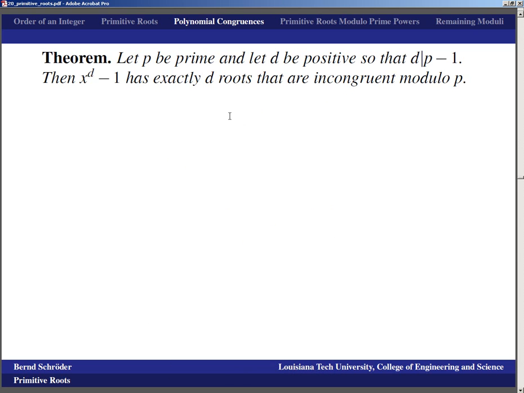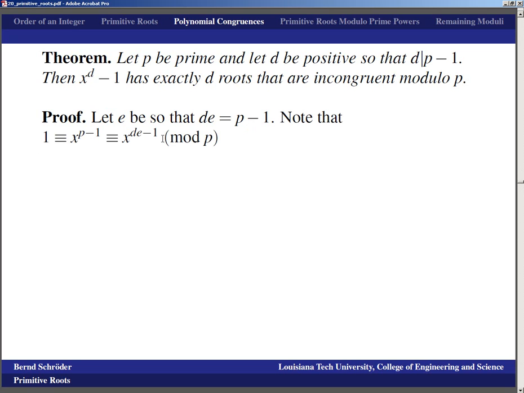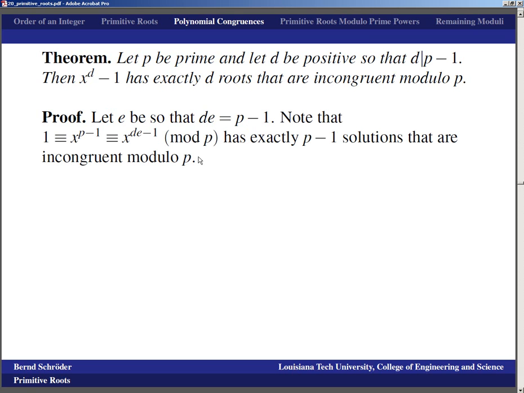Okay, so now we consider a prime number p, and we let d be a positive number that divides p minus 1. And we claim that then x to the d minus 1 has exactly d roots that are incongruent modulo p. And the proof is also pretty much computation. We take e so that d times e is p minus 1. Well, 1 is x to the p minus 1, which is x to the de minus 1 modulo p.